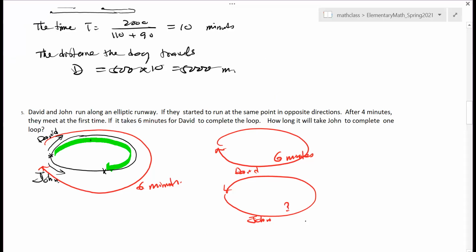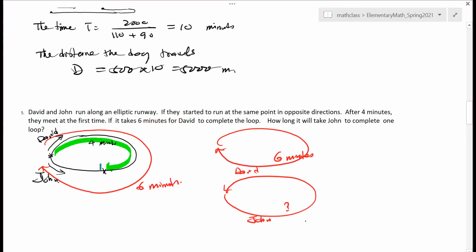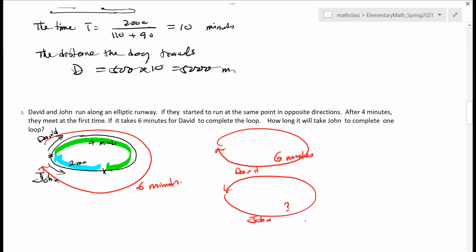This is 4 minutes for David. The total for David is 6 minutes, so David continues 2 minutes, and David completes the whole loop. So that means the distance David traveled in 4 minutes is double the distance John travels.